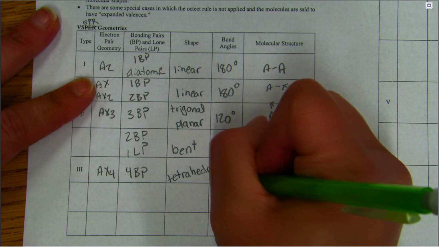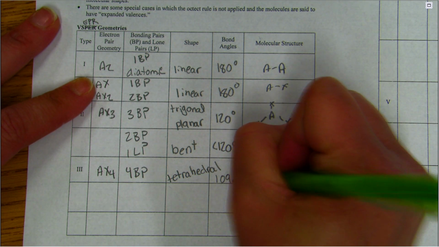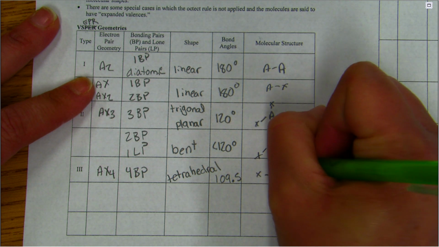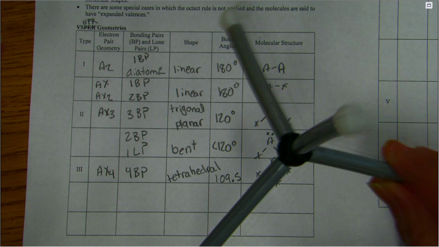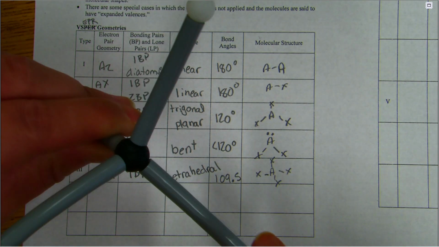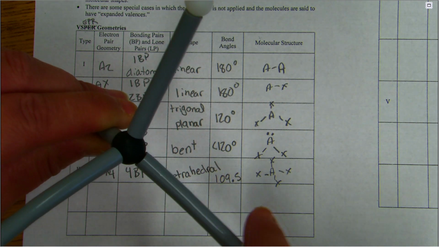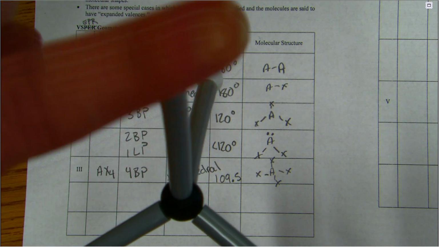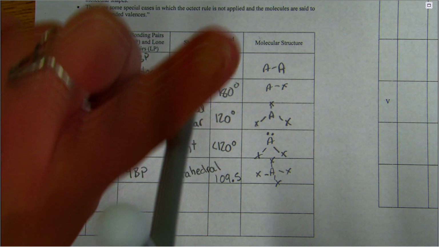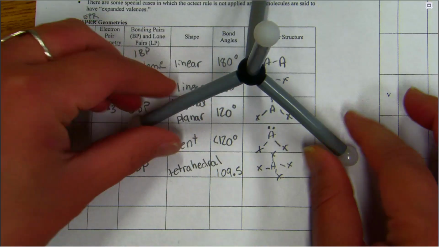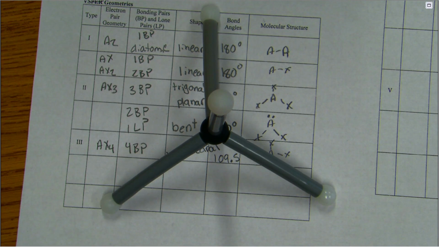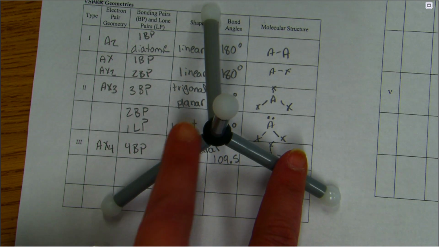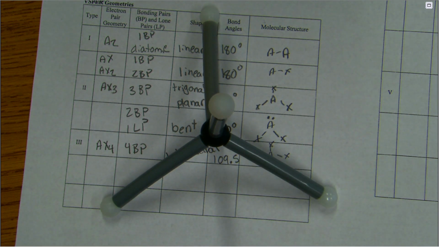It has an angle of 109.5, and we would draw it to look something like this. So this is tetrahedral, and our angle is 109.5, and you can see this is a 3D structure. So I have structures coming up, this one's going out away from me. One's coming out towards the right, one's coming towards me, and also towards the left. So these are 3D structures.